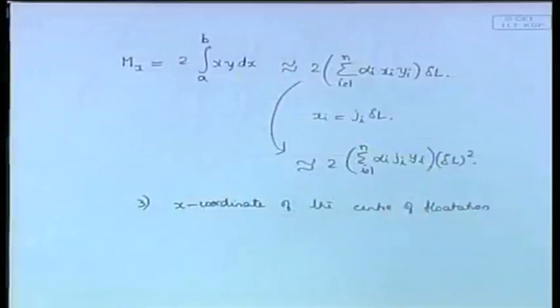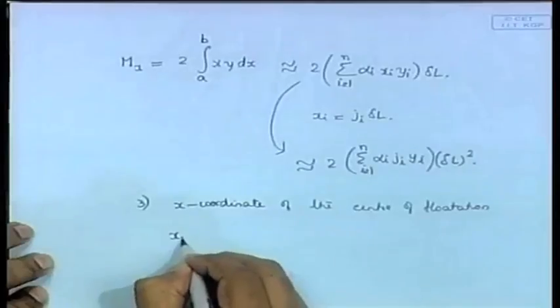Then how will you get the x coordinate of the center of flotation? We will see this. This is the third one, coordinate. The meaning of the x coordinate of the center of flotation is, I have already told you, center of flotation means the centroid of the water plane area.